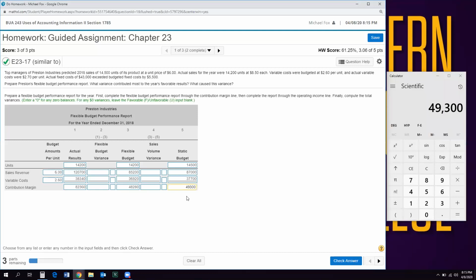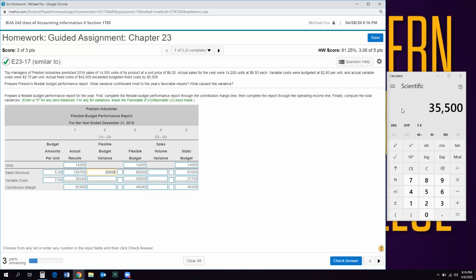All right, now that we've got all that figured out, we're ready to figure out our variance. The variance is just the absolute value of the difference between each of these columns. For sales revenue, our flexible budget variance is 120,700 minus 85,200, which is 35,500.